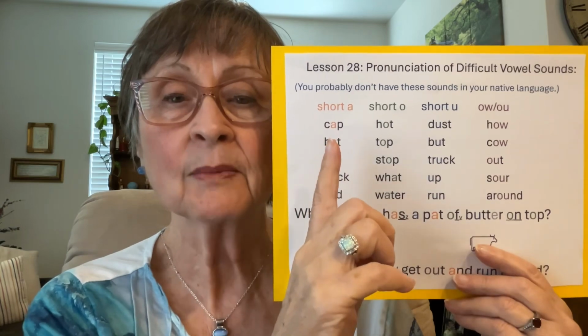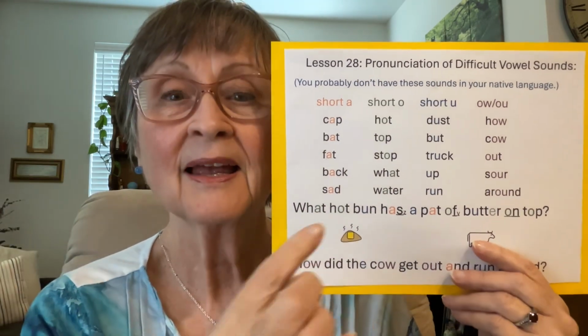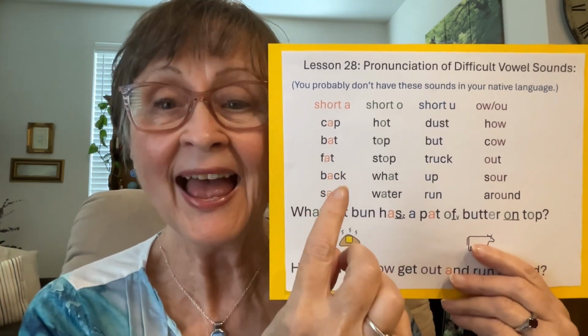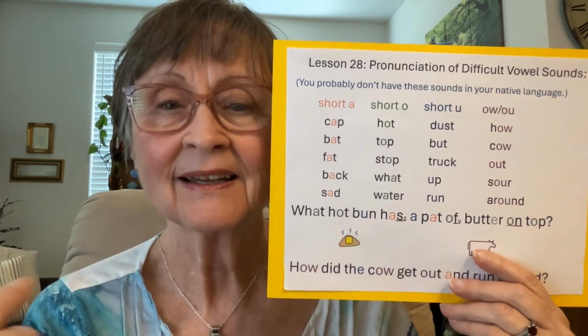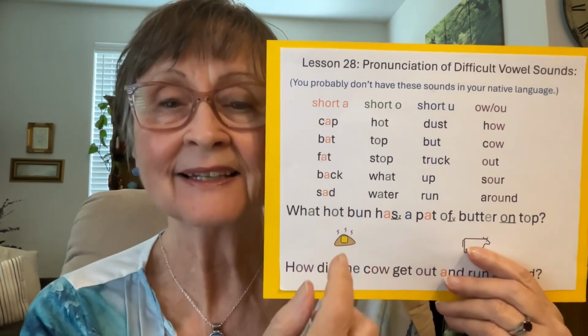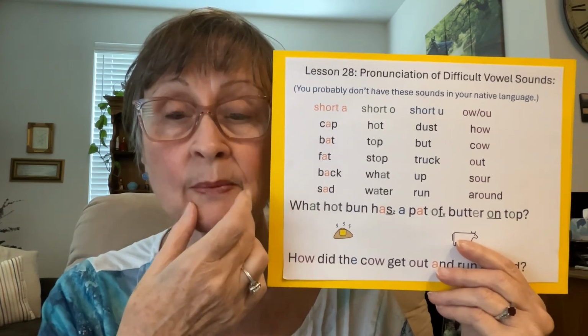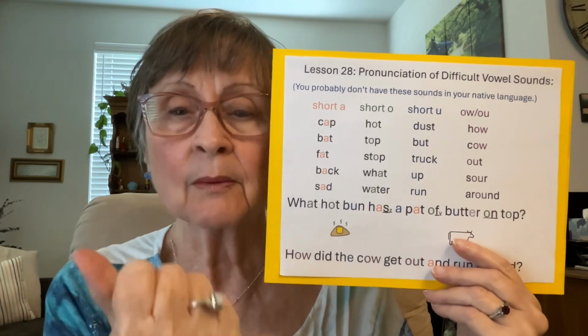Now repeat after me. Cap, bat, fat, pack, sad. It's wide, jaws dropped a little, and the tongue kind of bunches up.